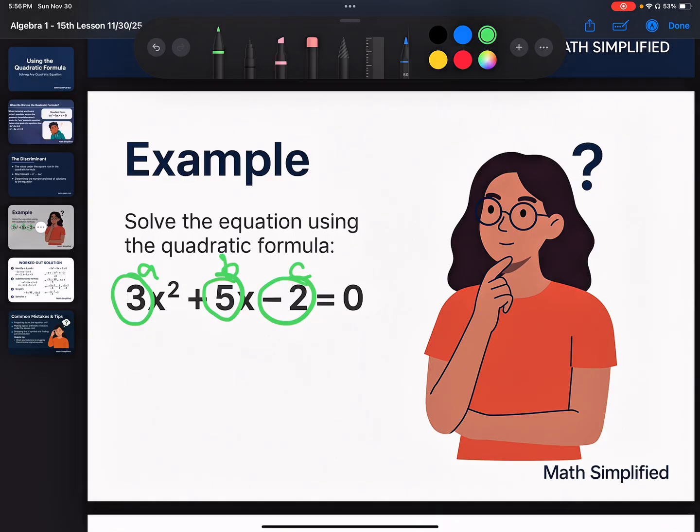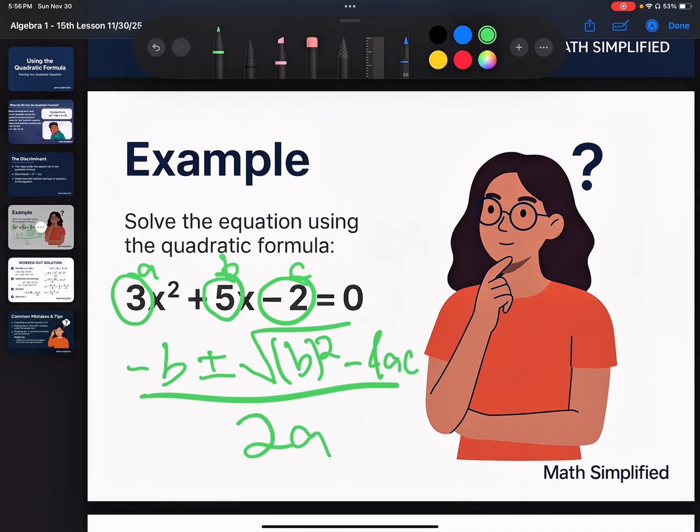The quadratic formula is negative b plus or minus the square root of b squared minus 4ac, divided by 2a. Okay, so that's the quadratic formula.